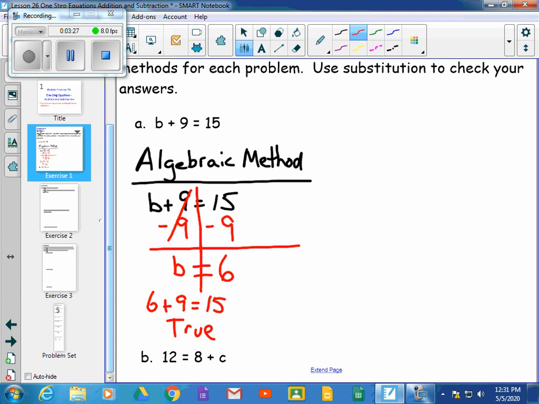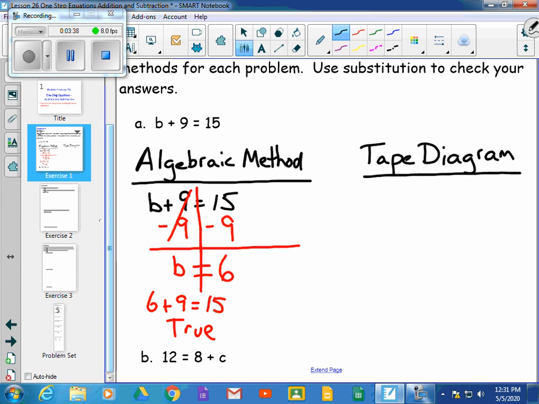Now another method that you're going to have to know is using a tape diagram. Some kids like the tape diagram better than the algebraic methods. Some like the algebraic methods better. Once again, you have to think of it like two equal parts.